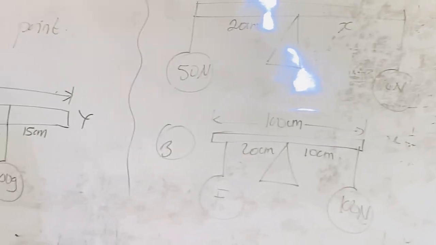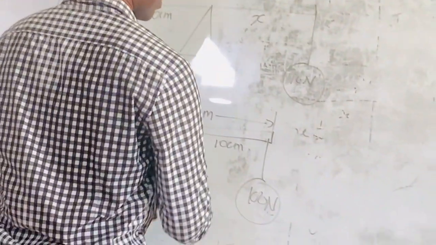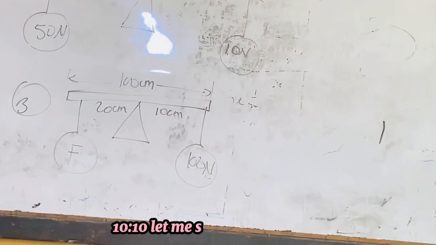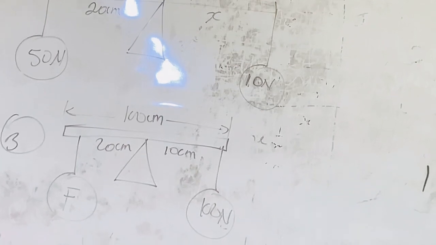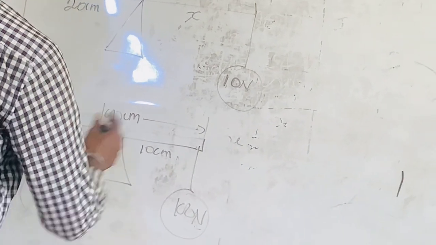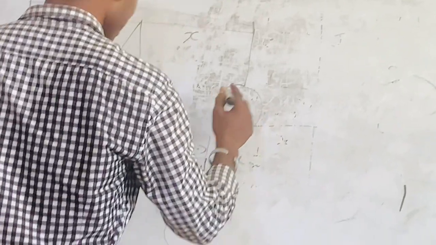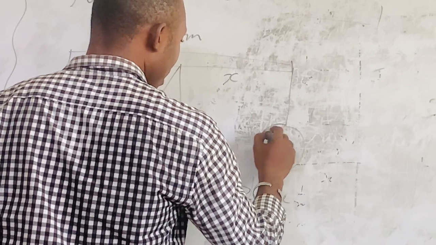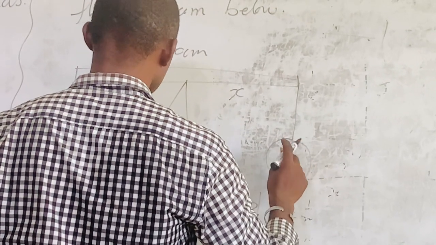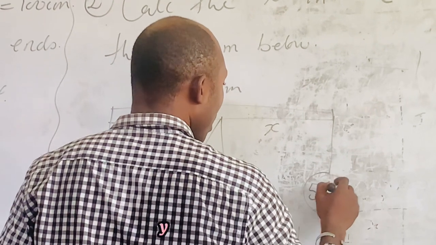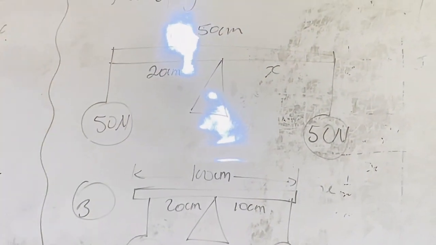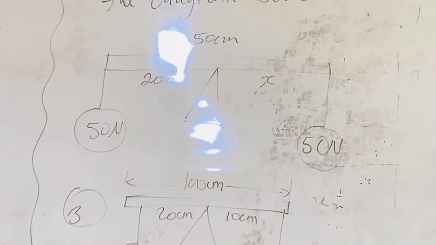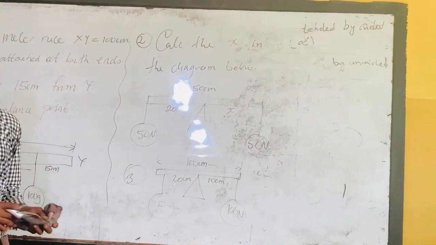Let's assume 50 newtons, the same mass is attached. What's the value of x?